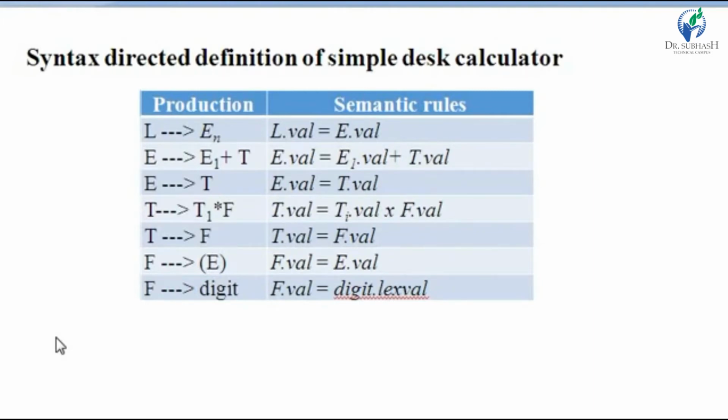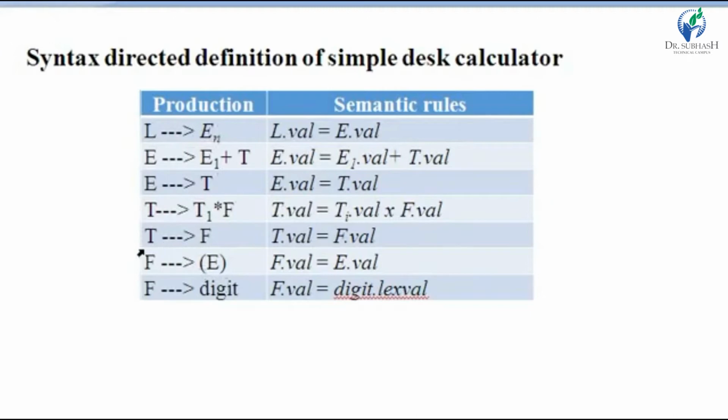So first you have to write productions like L gives E, E gives E1 plus T or E gives E plus T, E gives T, T gives T1 star F, T gives F, F gives opening bracket E closing bracket, and F gives digit. You can write any of the productions on this side.